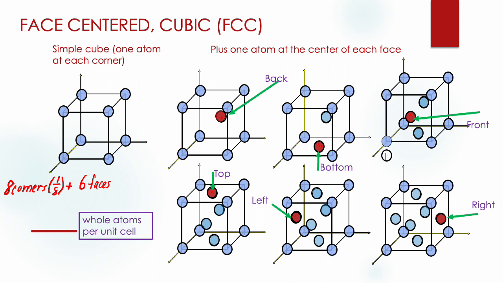And for each face, half of the atom is in the cell and half of it is outside the cell. So that's 8 times 1/8 is 1, plus 6 times 1/2 is 3. So there's 4 atoms in one unit cell for FCC. Okay?